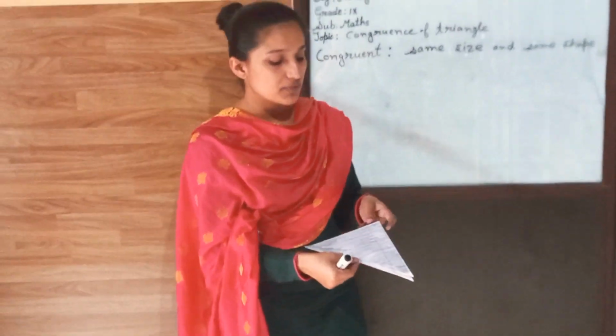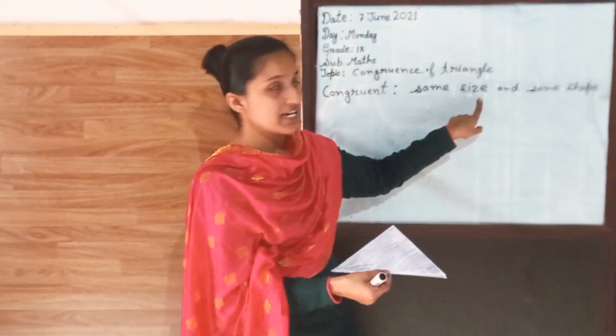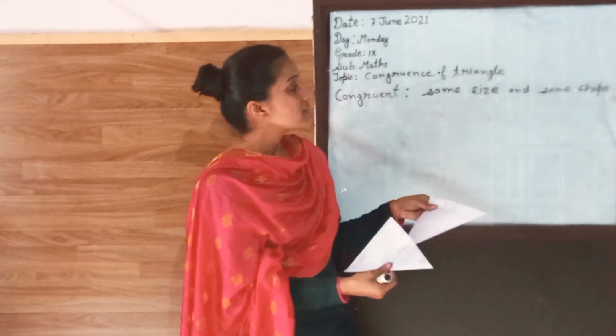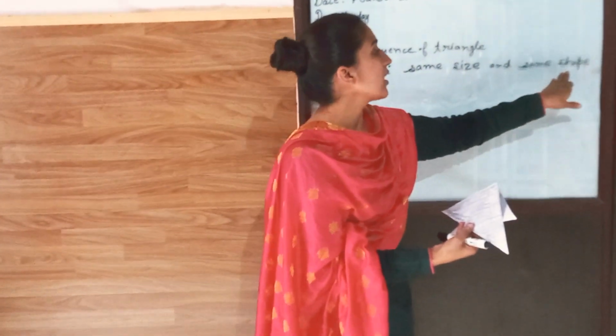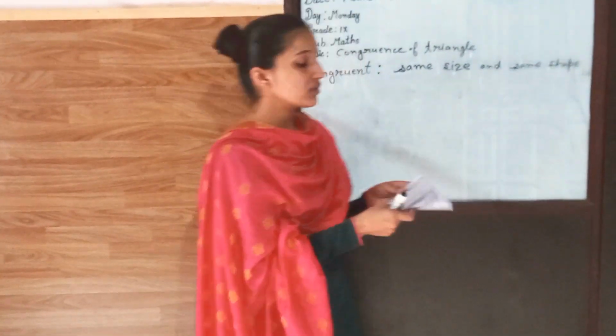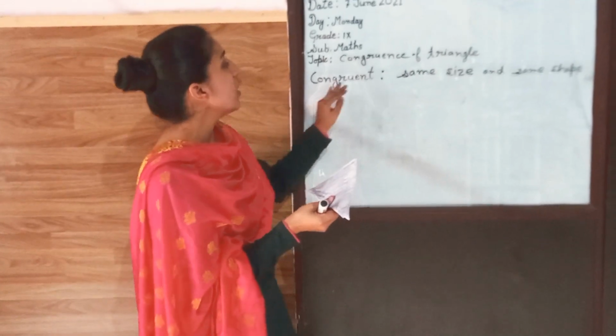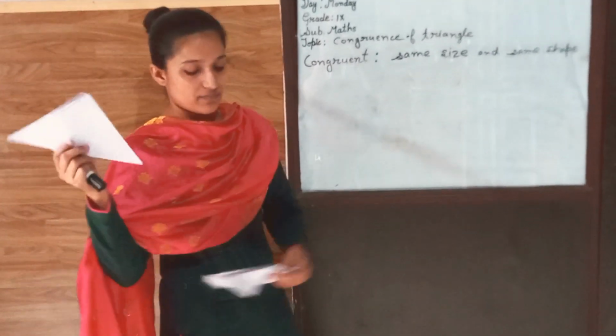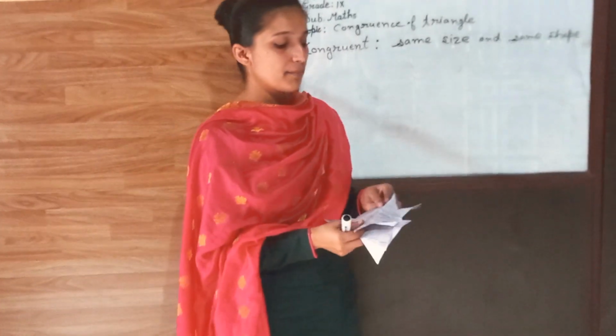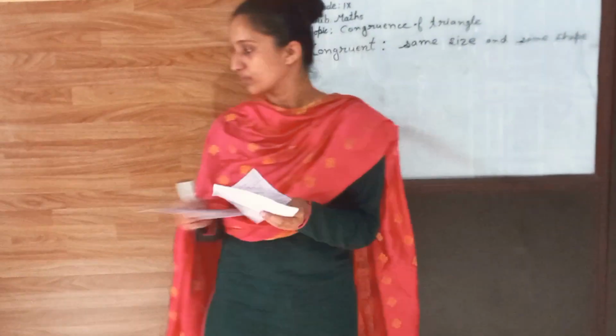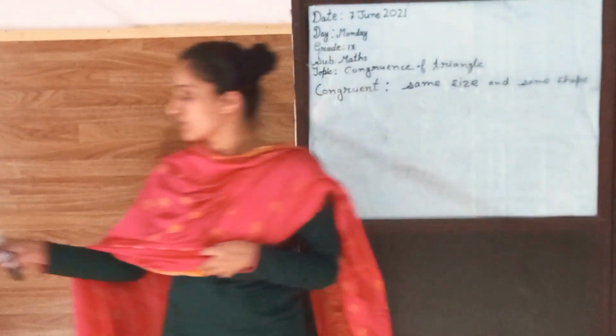So it means both are the same size, and both are triangles, so both are the same shape. Such types of figures are called congruent figures. Now the second example: both are triangles, but their size is different. So that's why we can't say these are congruent triangles.